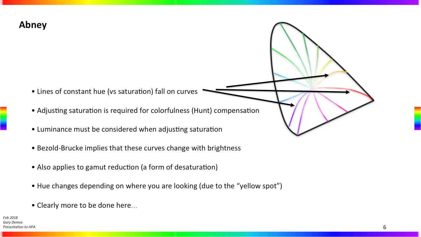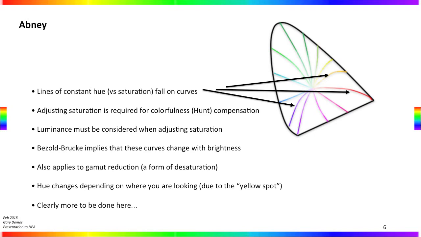Now, if we take into account the stuff along the edge, the Bezold-Brücke effect says that absolute brightness is going to move the edge. Now, how much does that bleed in towards the center, and what's the shape of those curves? I don't know.